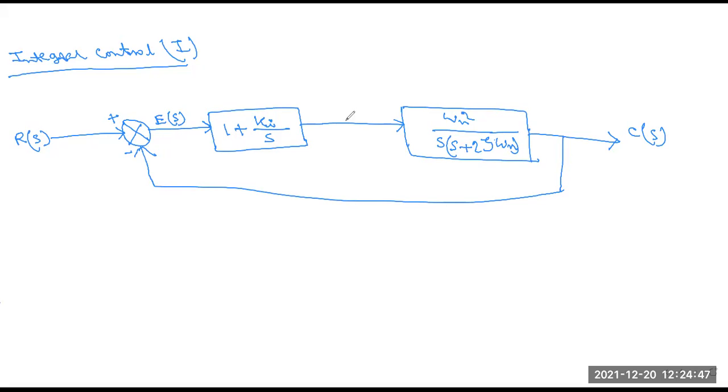And this is the error of the system applied to the process or plant, Ea(s). This is the block diagram of integral control.